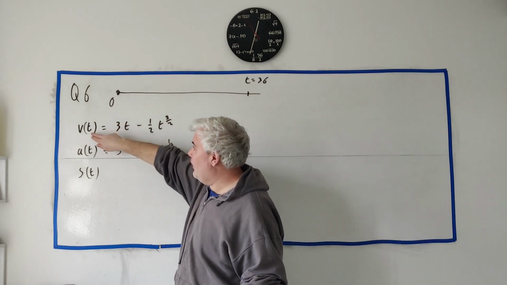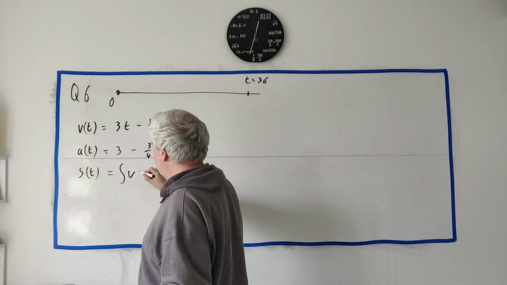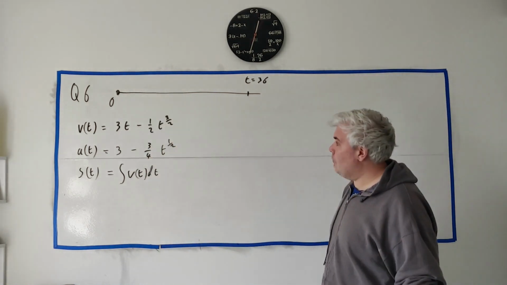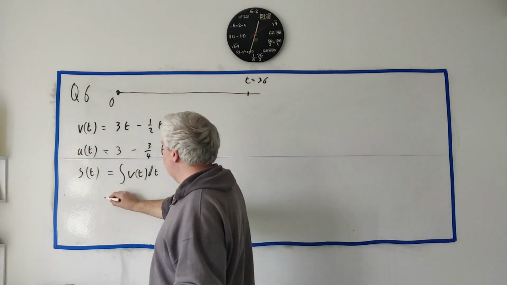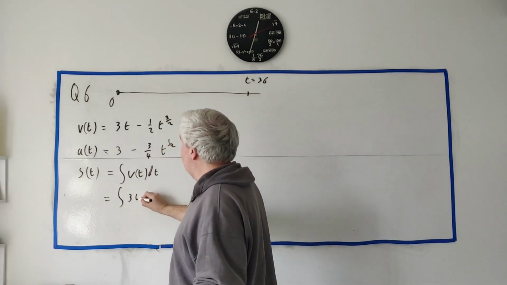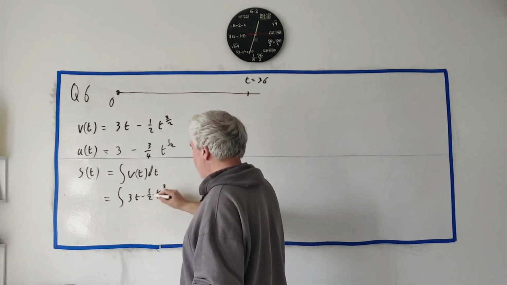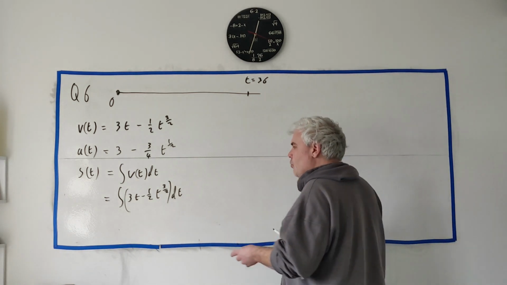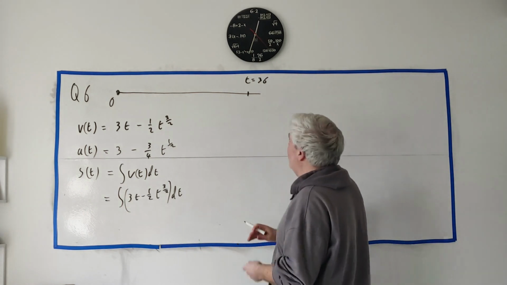To get back from velocity to displacement, it's just the integral of phi t dt. So we can go ahead and do that. We can go ahead and integrate this guy. This is going to be the integral of 3t minus a half t to the power of 3 over 2, dt. We can also integrate between 0 and 36 if you want.